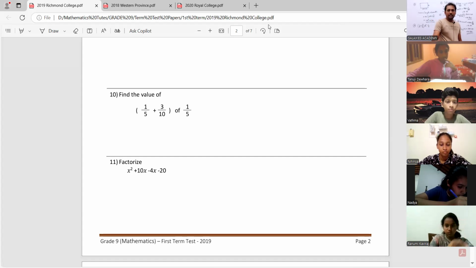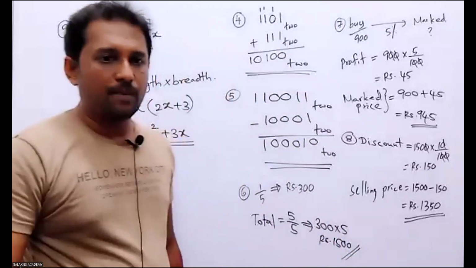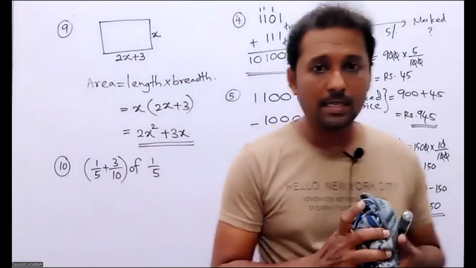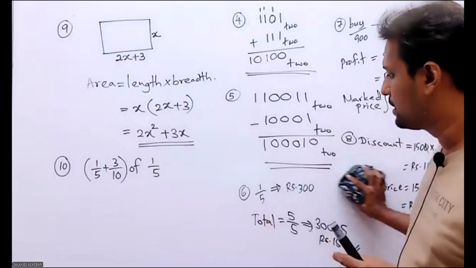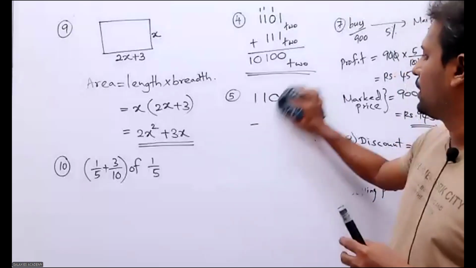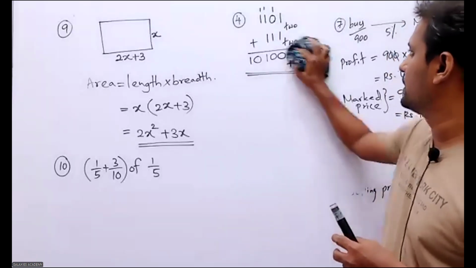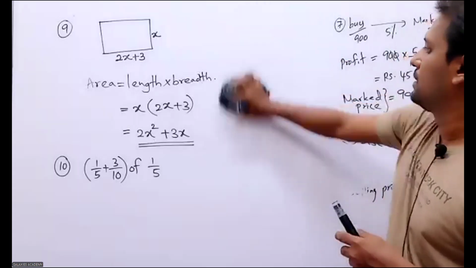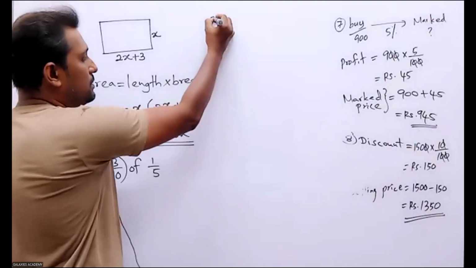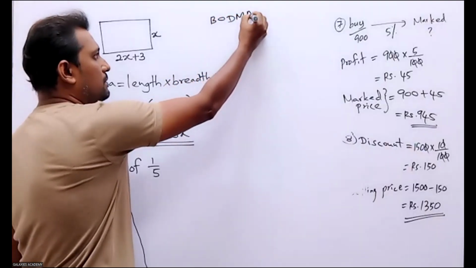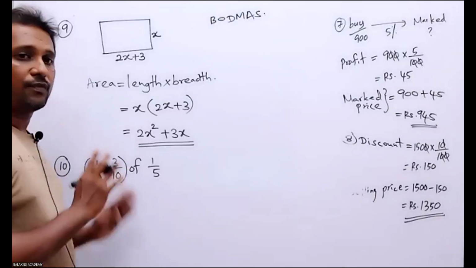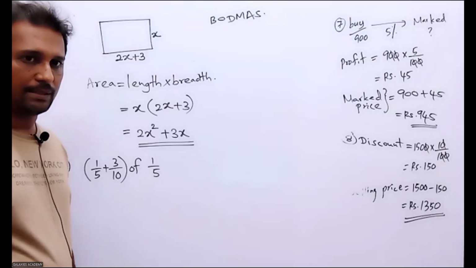If the mathematical expression contains several types of mathematical operations, you have to follow a rule. What's the name of the rule? BODMAS rule. Then you have to follow the BODMAS rule for these questions. According to the BODMAS rule, you can see a bracket here, so first of all you have to simplify the bracket.